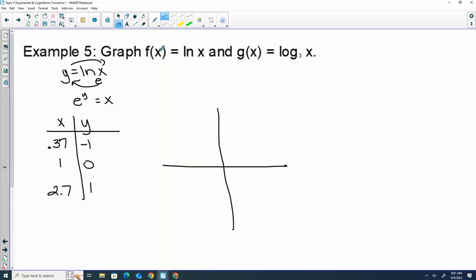Because it's the inverse of the exponential, notice it just flips the x and y values of those points. So 0.37, -1, 1, 0, 2.7.